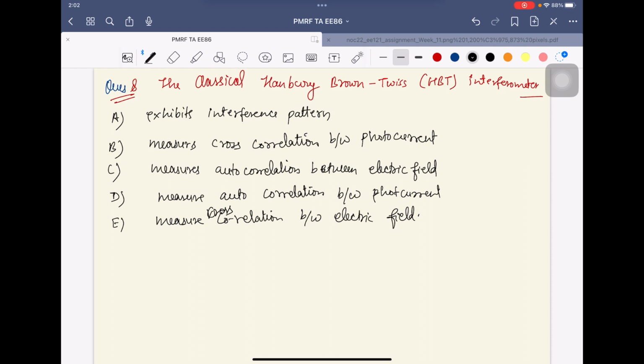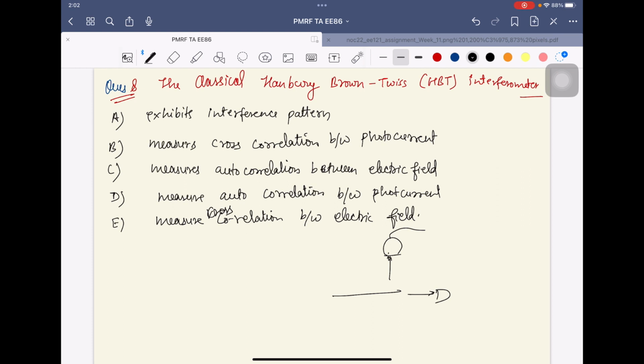As sir already discussed in the class, this HBT has one detector in this way and one detector in this way. Whatever photons come on these, we simply use photodetectors, and photodetectors generate the photocurrent.